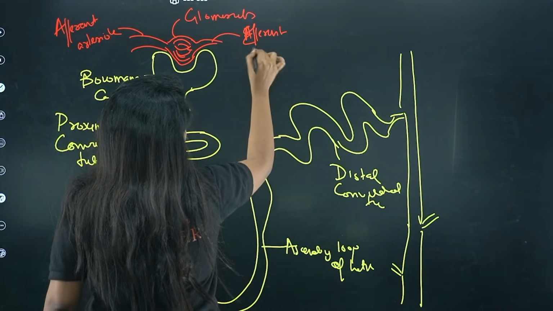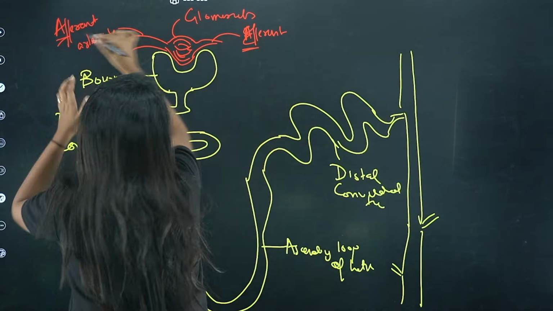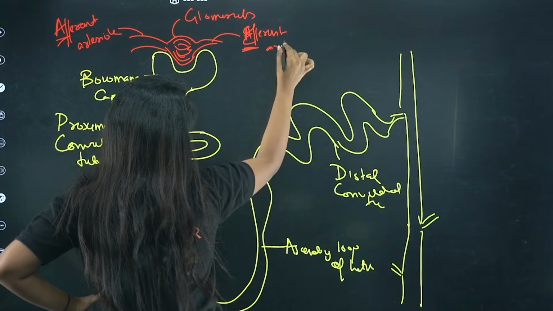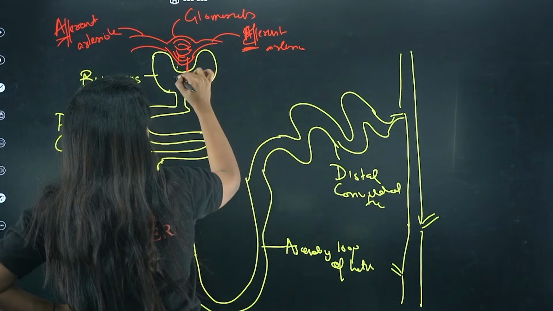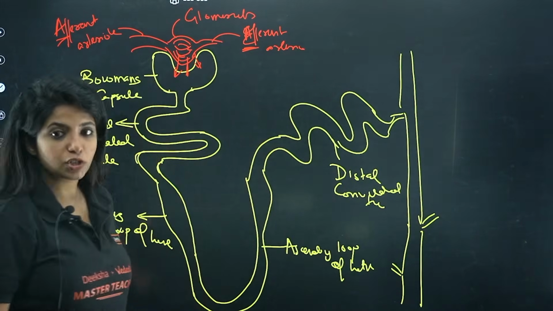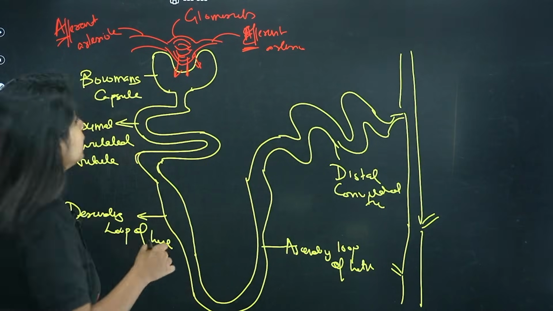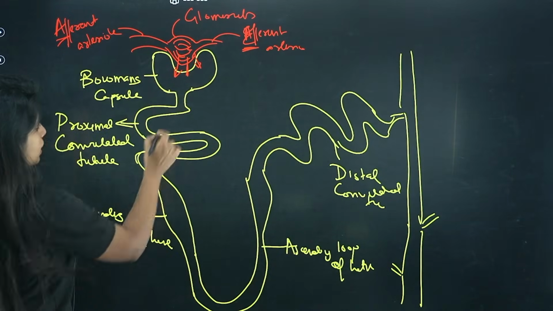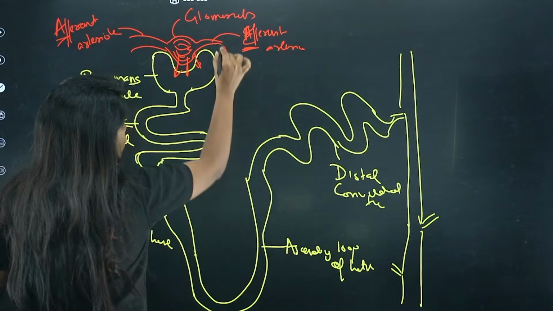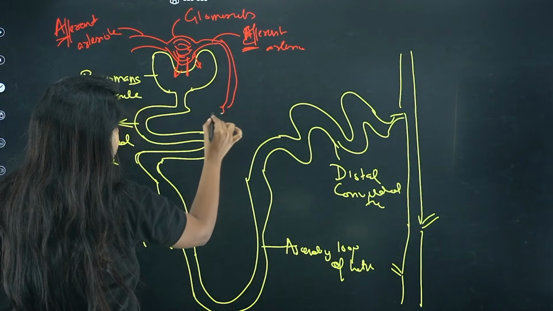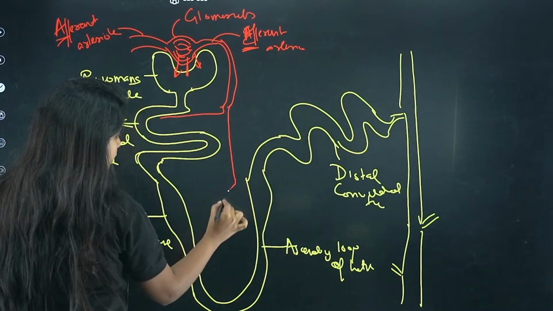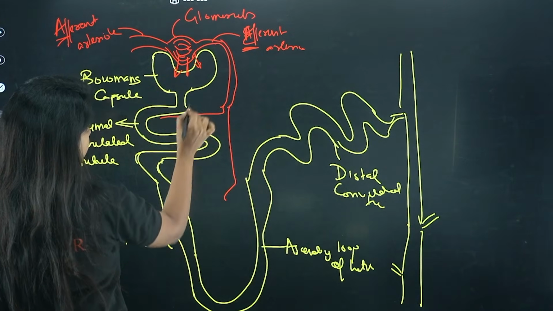It's efferent, E for exit. So this is A for afferent, and this is E for efferent arteriole. And here exchange of things is going to happen. That is known as glomerular filtration. I have taught you that, right? Now listen to me very carefully. This particular vessel is going to run around your entire structure out there.